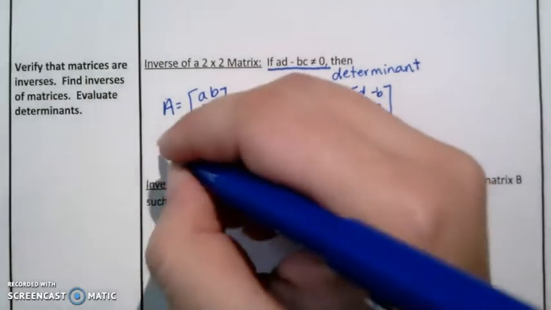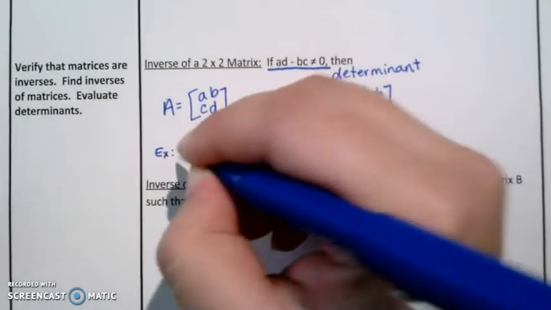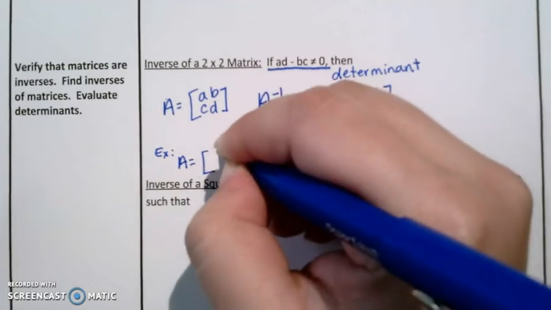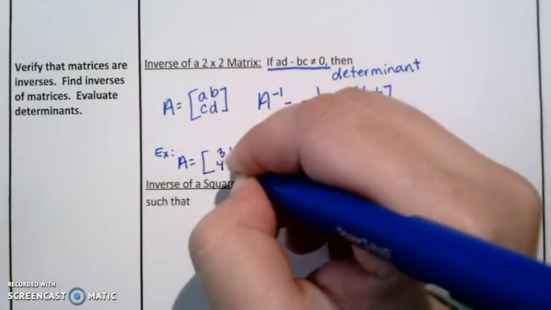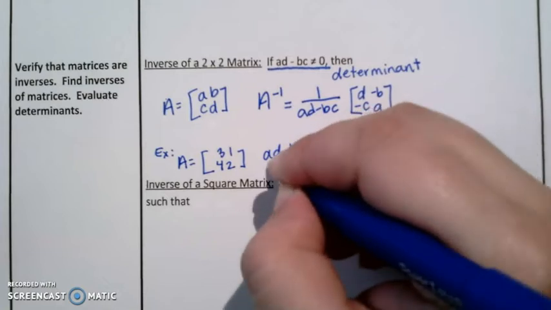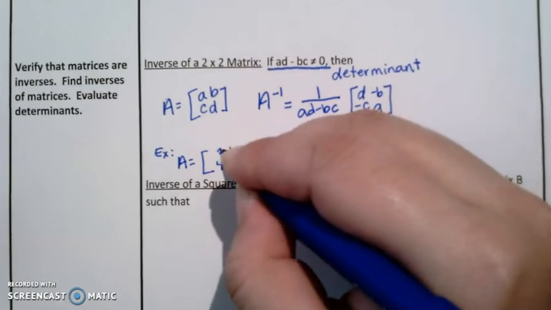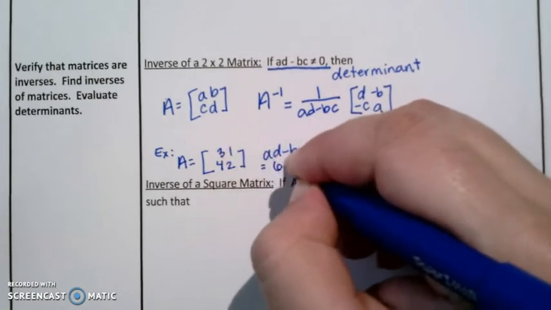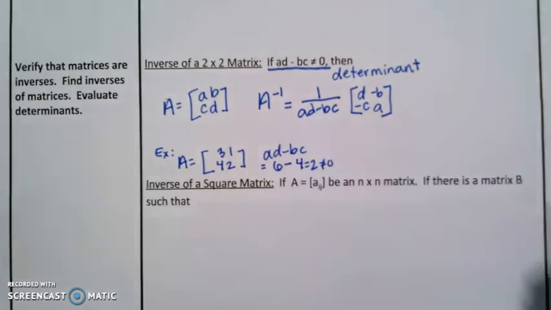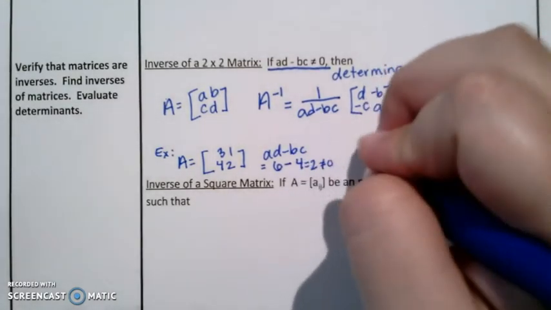Okay, so an example of this would be if I have A equals 3, 1, 4, 2. I need to check AD minus BC equals 3 times 2 is 6, minus 4 times 1 is 4, is 2, which is not 0. So then I know that there's an inverse matrix.